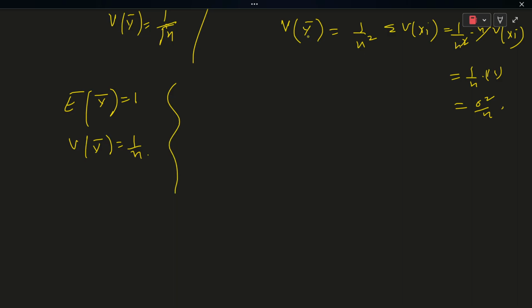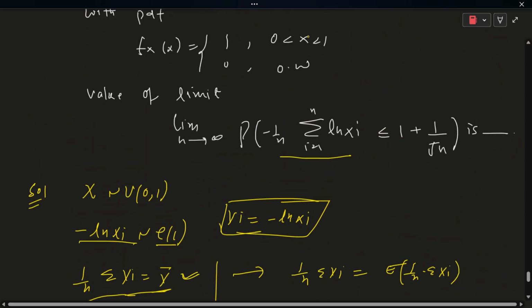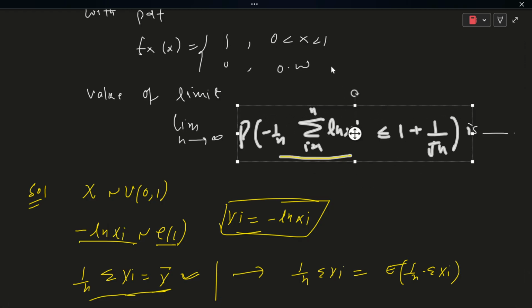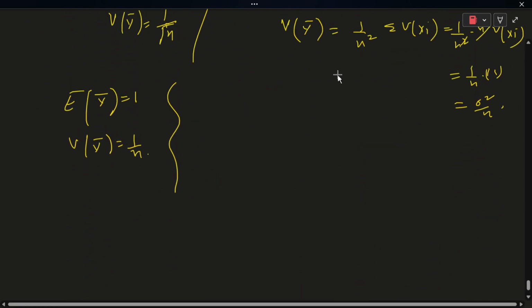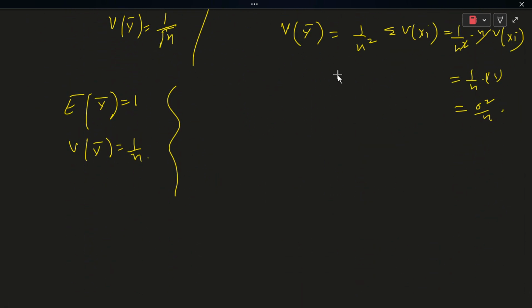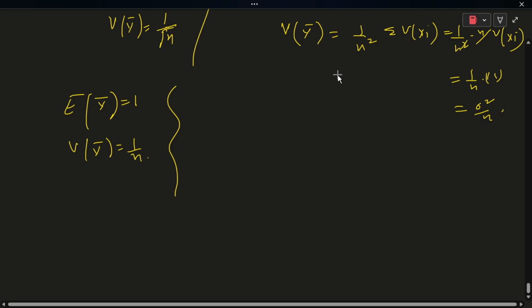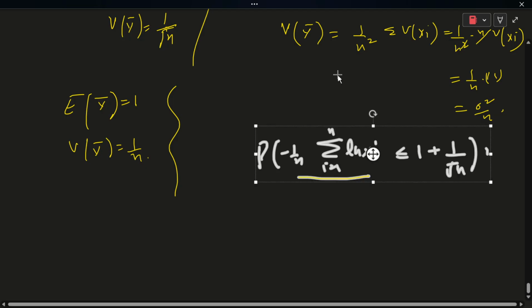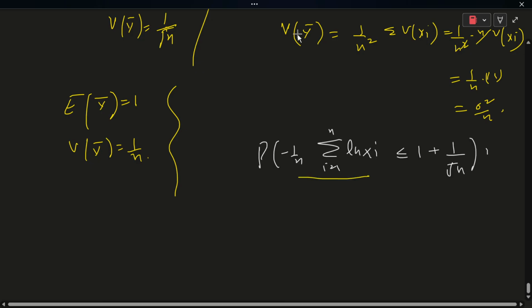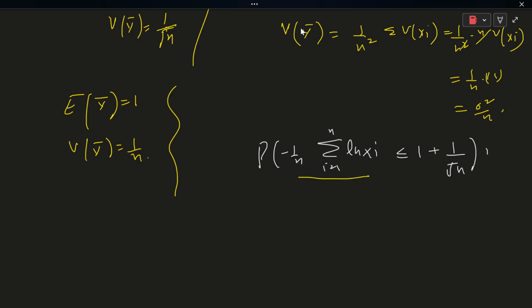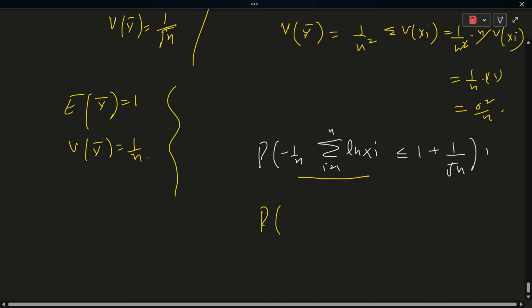So we needed the probability of this. This is the probability that y bar is less than or equal to 1 plus 1 by root n.